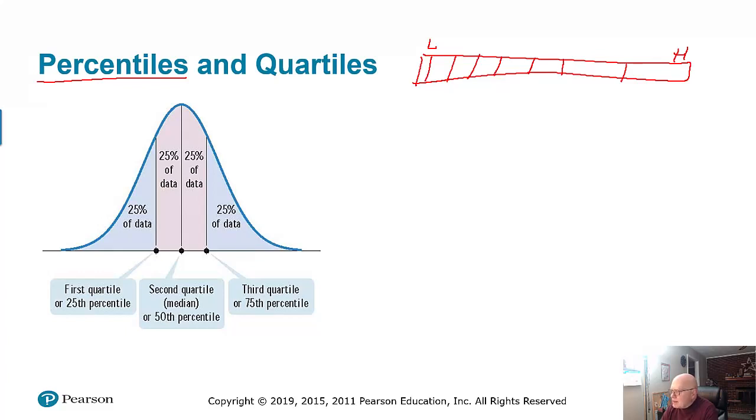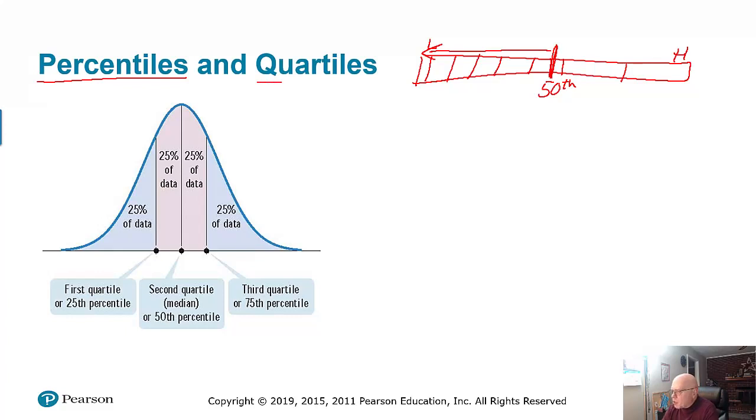And each of these pieces will be a percentile. So right in the middle here is the 50th percentile. Why? Because 50% of the data is lower than that. Get that? The percentile, that's what percent of the data are lower than that particular item.